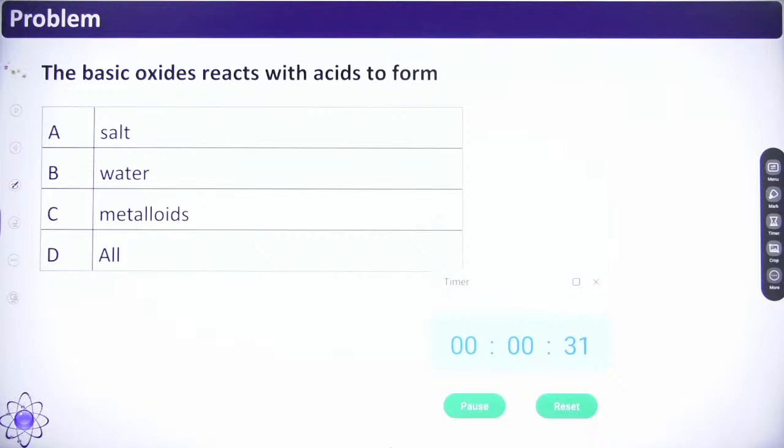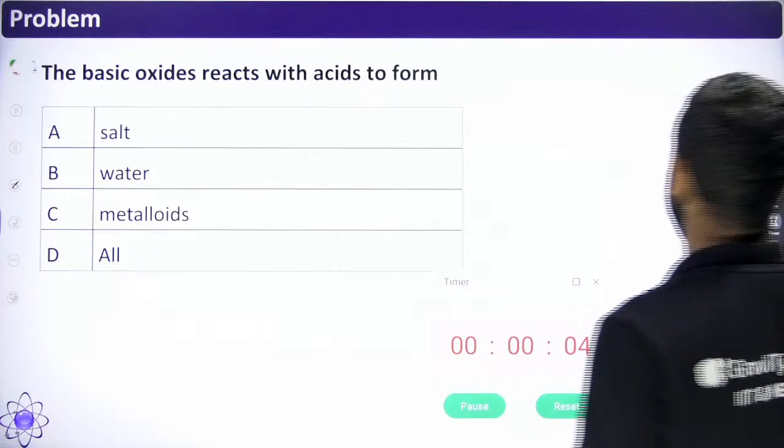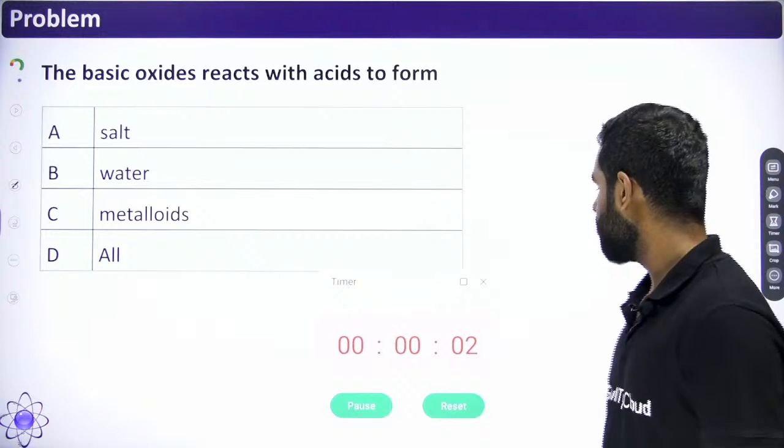Yes, 30 seconds more. Five seconds and then we proceed further, right?